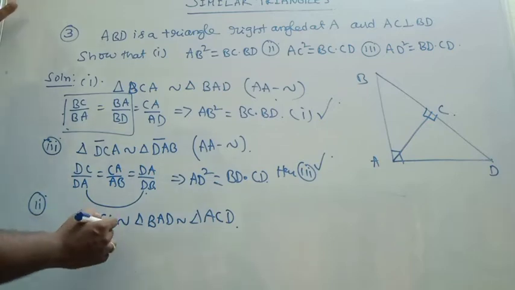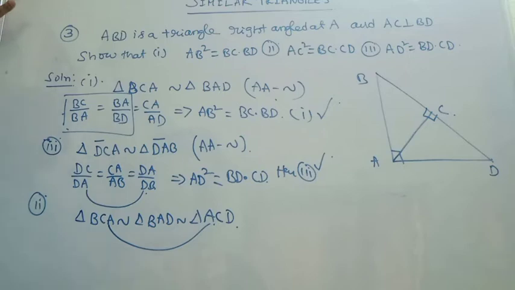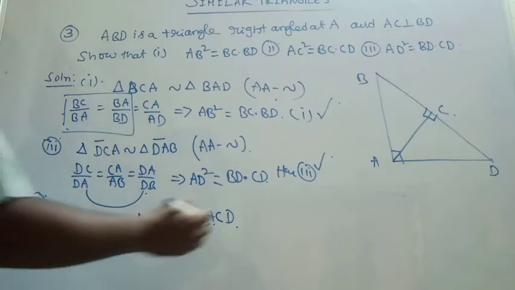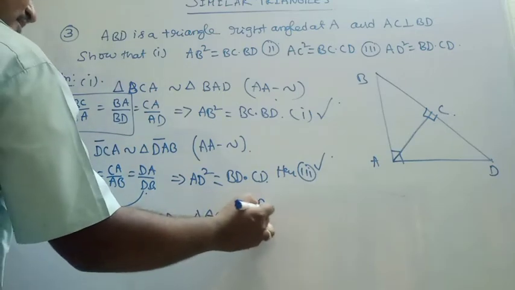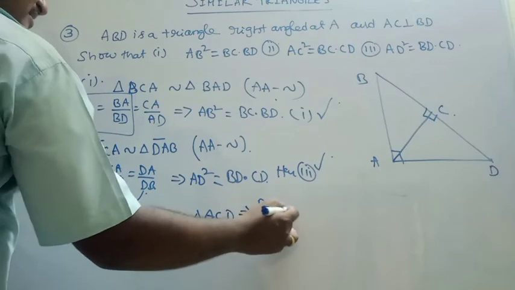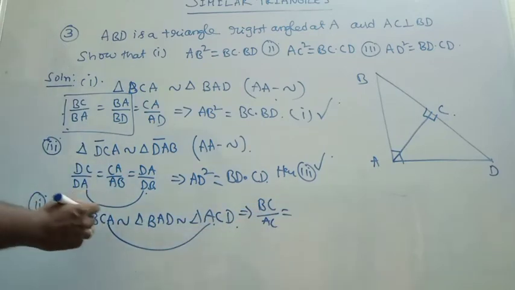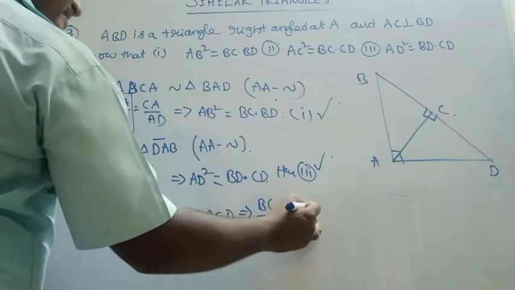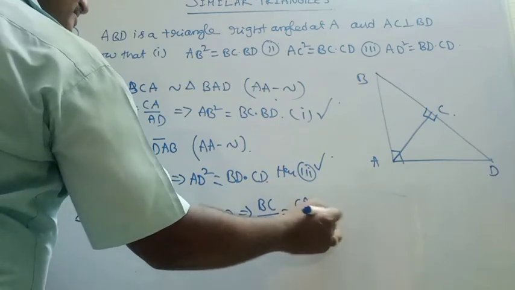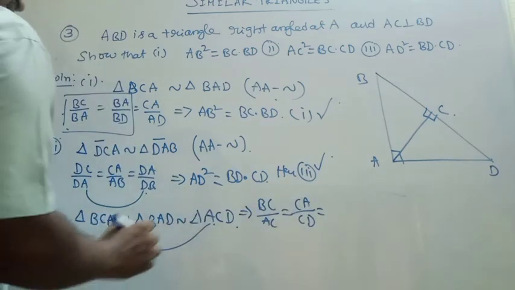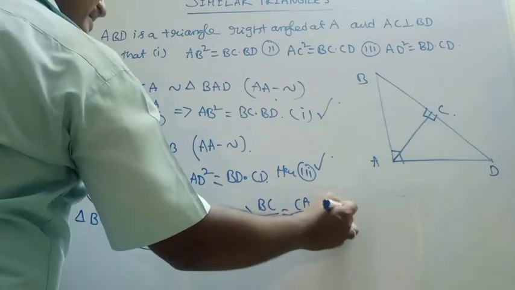Let us use these two and take their corresponding sides. From this, you will get BC by AC is equal to CA by CD, which is equal to BA by AD.